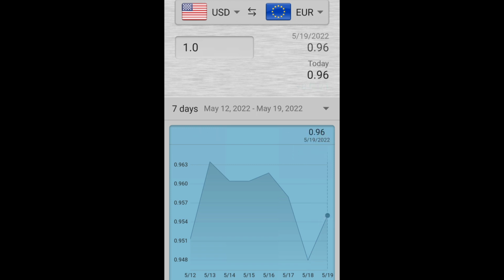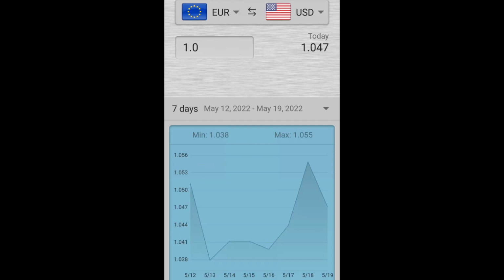And for May 18, 1 US dollar is equivalent to 0.948 euro. And for May 19 data today, 1 US dollar is equivalent to 0.956 euro. That's the USD to euro. If we interchange to euro to USD, we have this data.